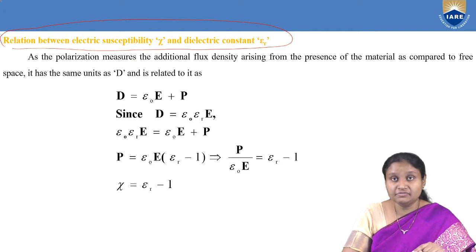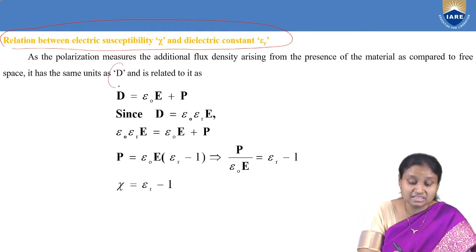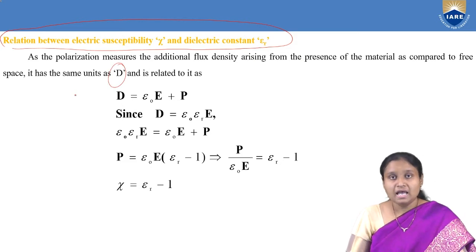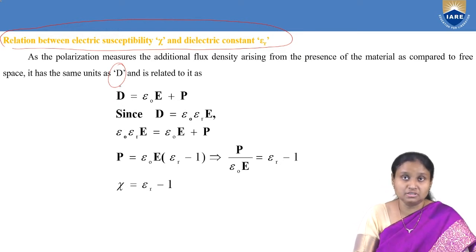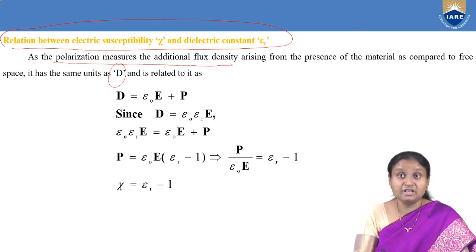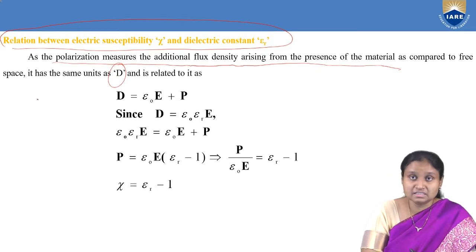Already we have defined what electric susceptibility is and what the dielectric constant is. Before getting the relation between them, I have just explained this electric flux density D, which has the same units as the polarization vector. We know that polarization measures the additional flux density arising from the presence of the material as compared to free space. So it has the same units as D, and how is this electric flux density given?